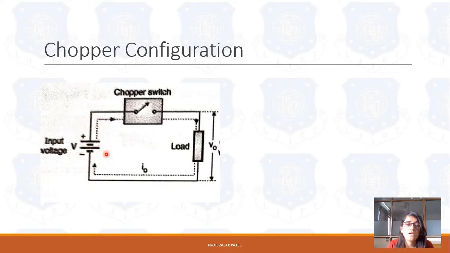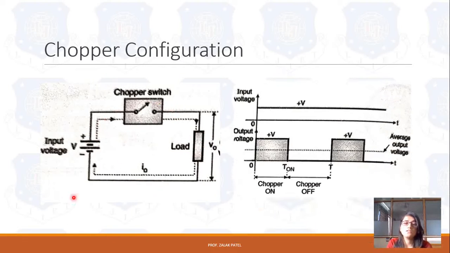Please note that there should be a battery symbol here, and it is also connected across the variable voltage. Here the output voltage is denoted by VO, and the current passing is I0. The waveform is like this.